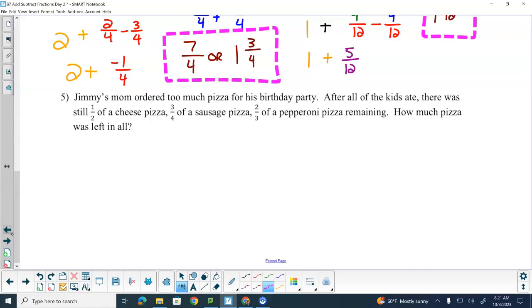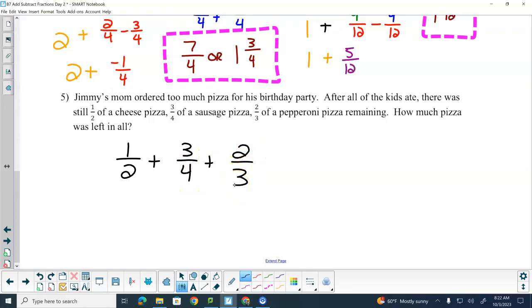If we don't have a common denominator first, we don't even have a problem yet. We gotta write down a problem before we can even start this. So write out the problem: 1/2 plus 3/4 plus 2/3.